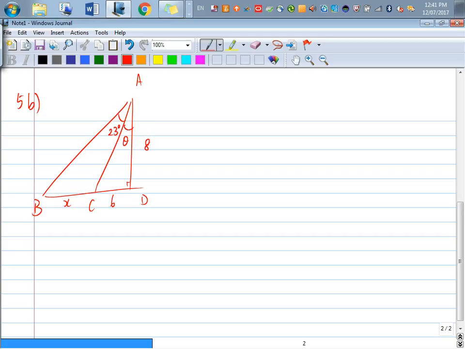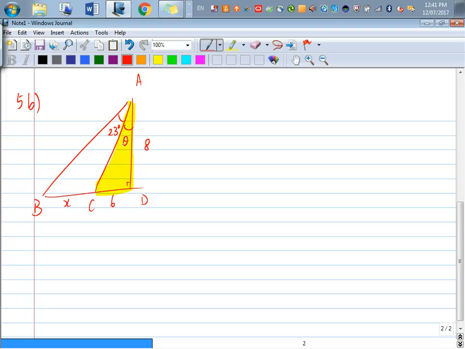So with this, we have a choice. We can start finding theta or we can start finding x. In this case, theta is much easier to find because we just need to focus on this triangle over here. Okay, so solving for theta, I need a trigonometric equation linking 6, 8 and theta.